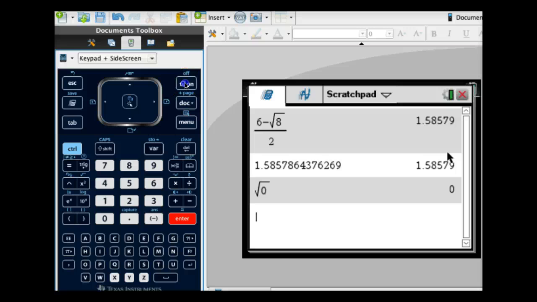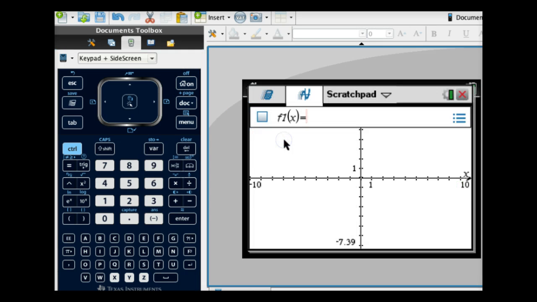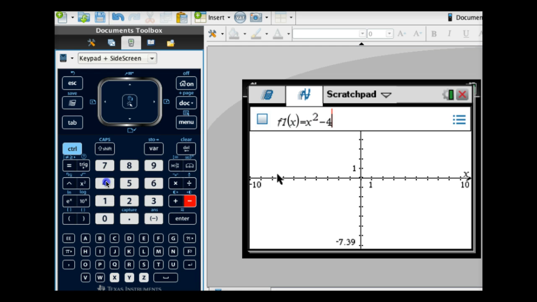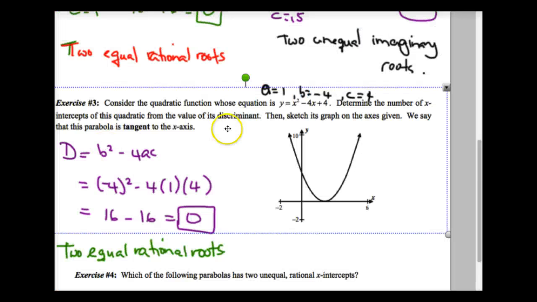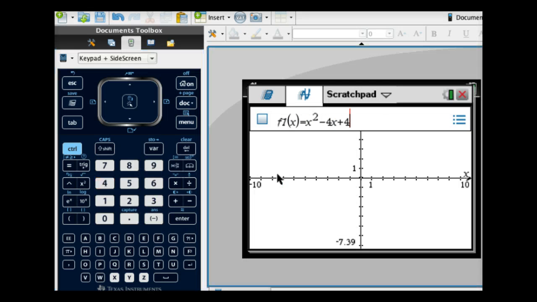On your calculator, you want to go to home, and then go to graph. If you have anything in here that you see, go to document and the letter B and change it. So I want to graph x squared minus 4x plus 4. Is that my equation really quick? Minus 4x plus 4. Perfect.